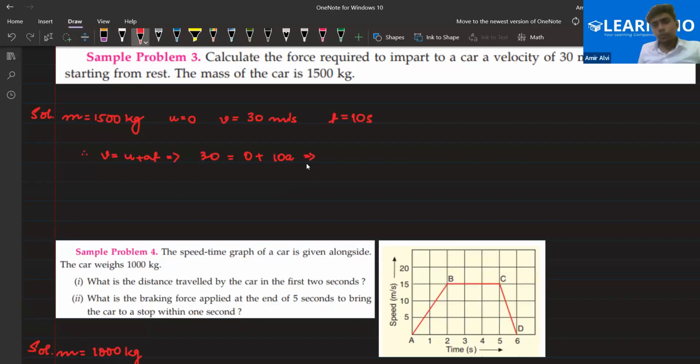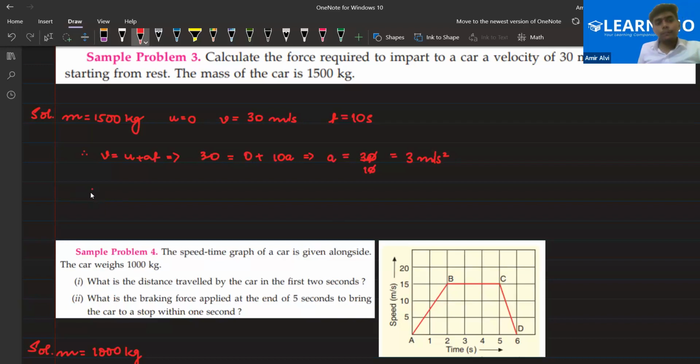So a would be equal to 30 by 10. The 0 will cancel, and ultimately the value coming out will be 3 meter per second square.